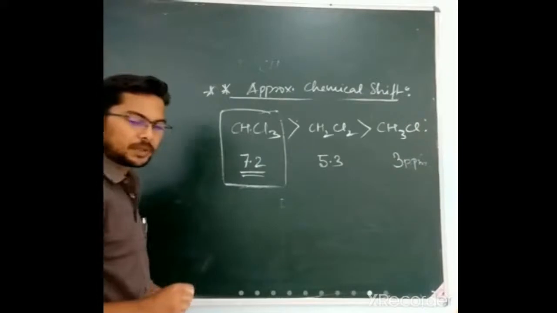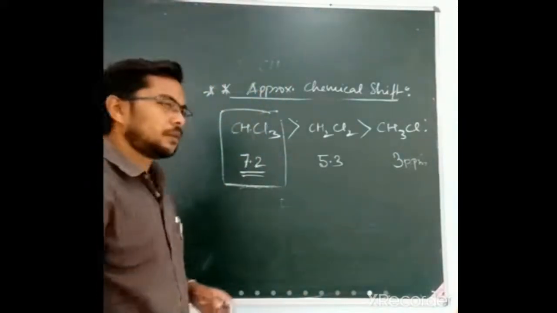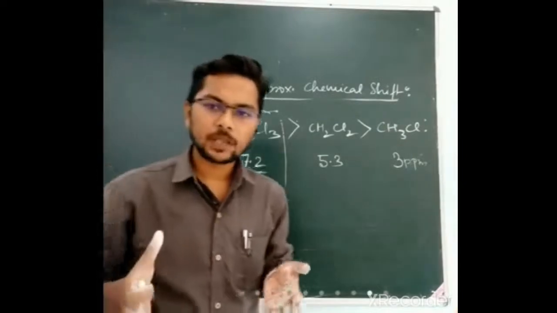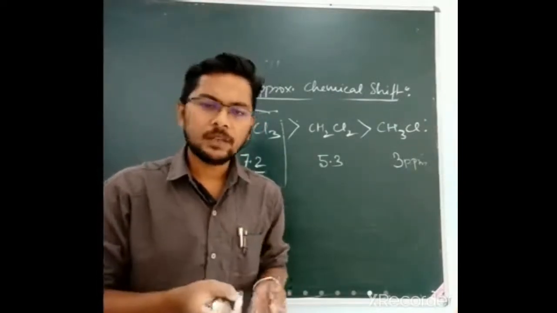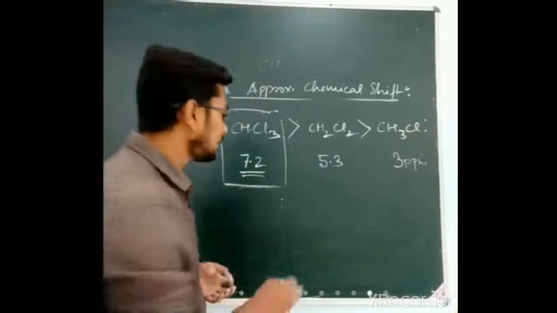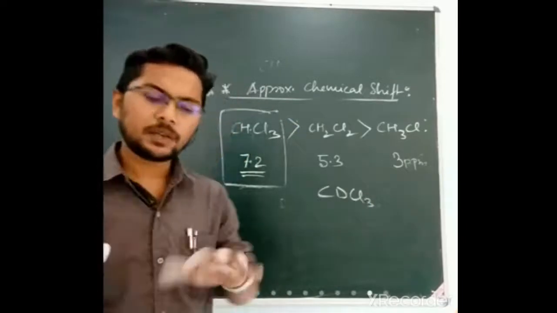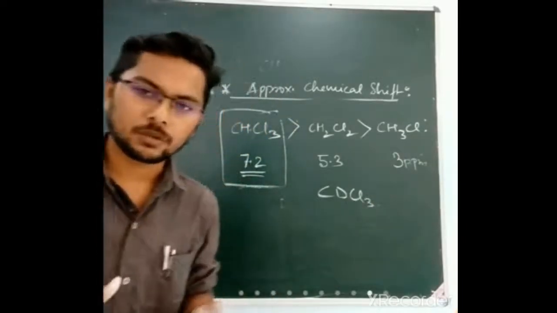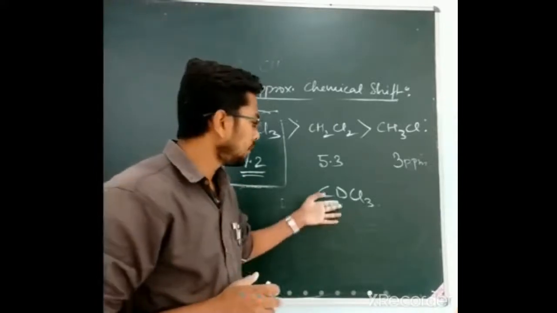Kindly remember this value, chloroform, because when you record your NMR, you have to dissolve your compound in some solvent. The most common solvent used is CDCl3. I will take a lecture on the solvents also, where we will discuss each solvent in detail. So we use CDCl3.